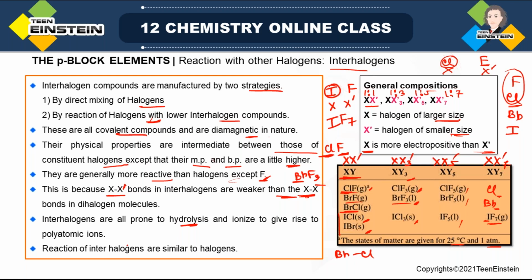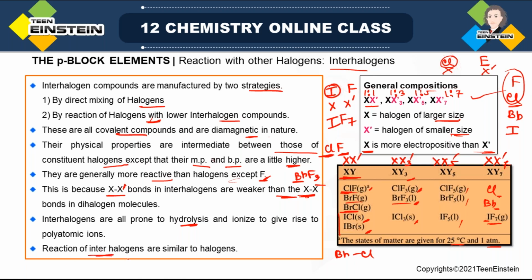We'll also see what type of products we get when interhalogens react with water. As there are different types of interhalogens, here 4 different types are mentioned, 1:1, 1:3, etc. Depending on what type you have taken, the hydrolysis product will also be different.